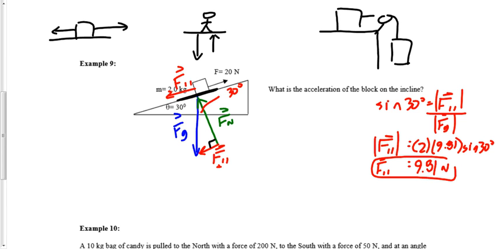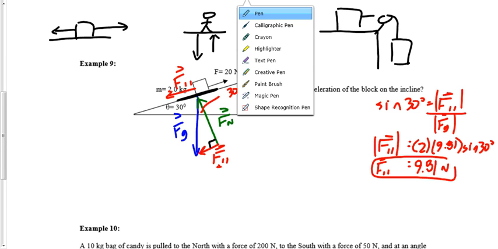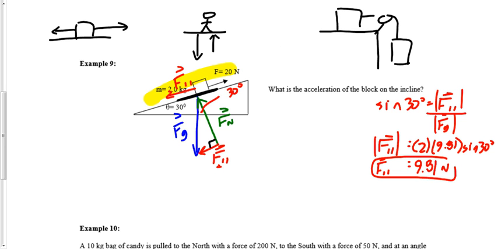What are we going to focus on now? This. I'm going to say F net is equal to the sum of the forces, F parallel plus FF. And then I'm going to solve for the acceleration, just like we have in all those other questions we've done. Somebody try to give me a good answer for this question.